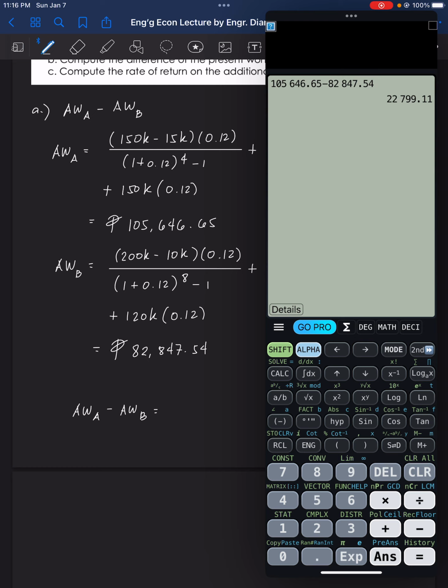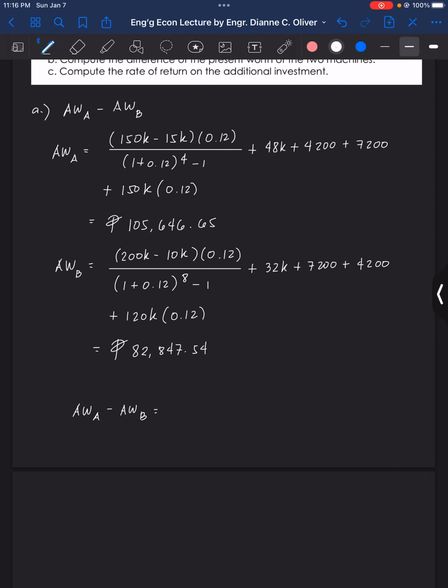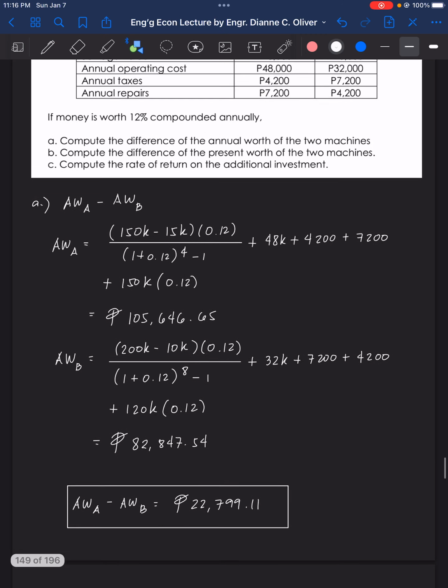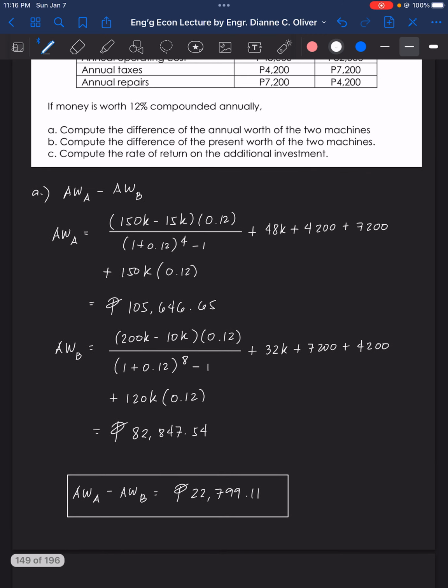So 22,799.11. That's for letter A. Now for letter B, compute the difference of the present worth of the two machines.